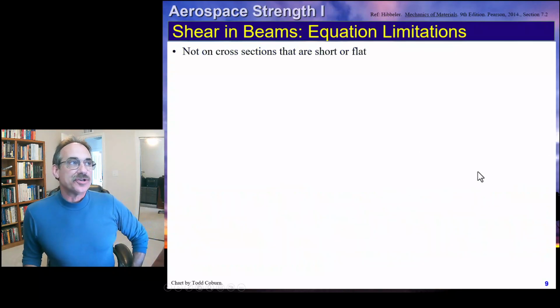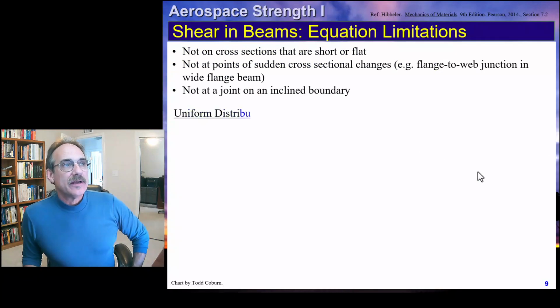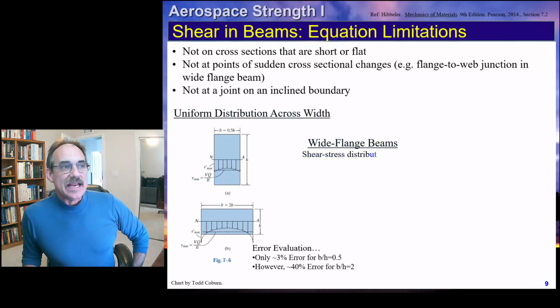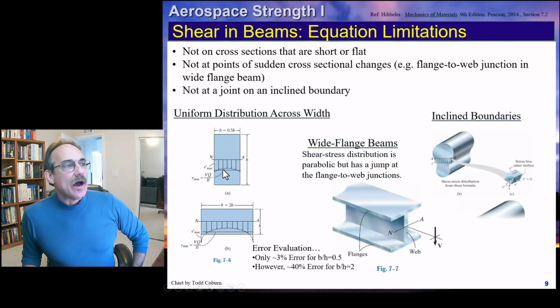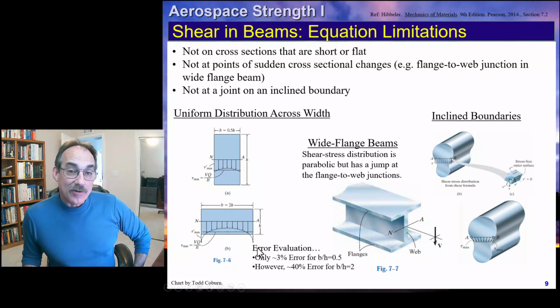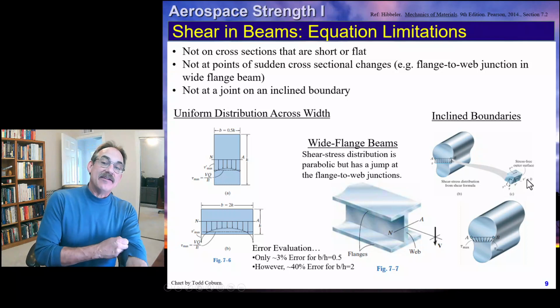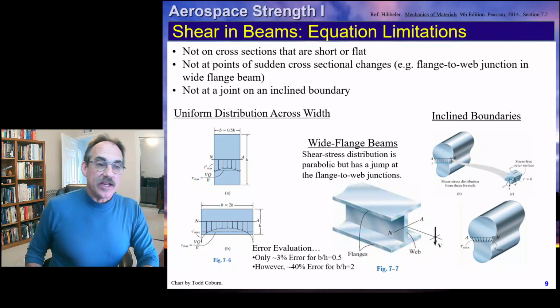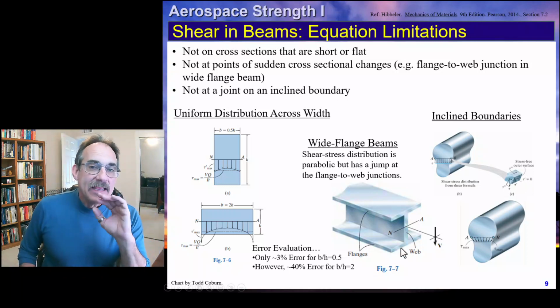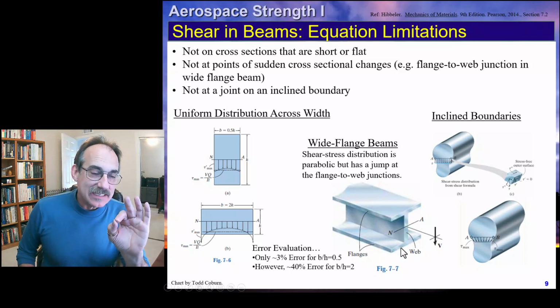These are some pictures from Hibbeler's book that actually show those same ideas, how the wider we get, the more our shear stress actually varies across the width, and we're going to always ignore that. And if we have an inclined boundary, our shear stress would also be off at a different angle, which we're also going to ignore in both our classes and in all industry work.